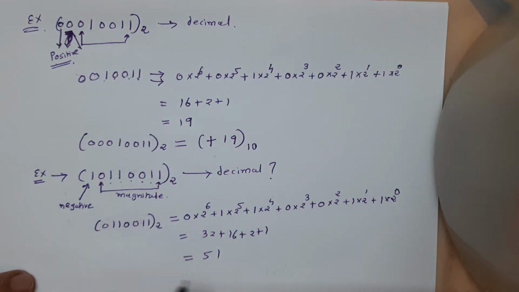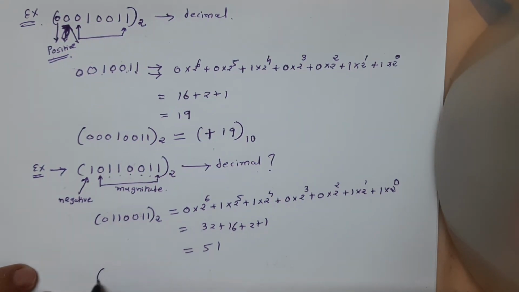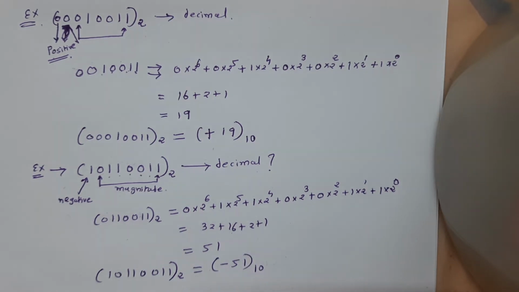So the binary number 10110011 is equal to minus 51 decimal.